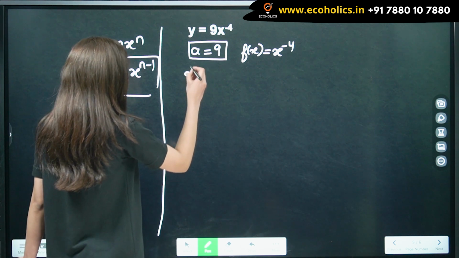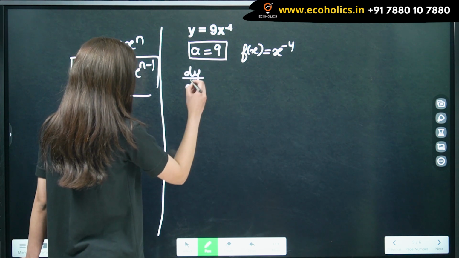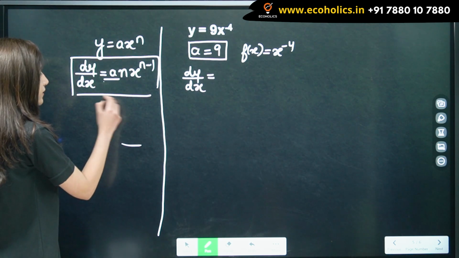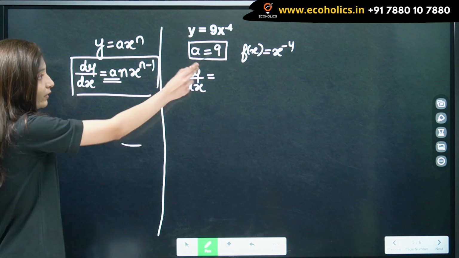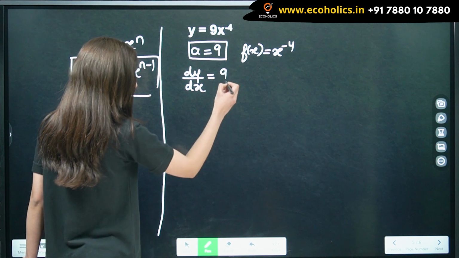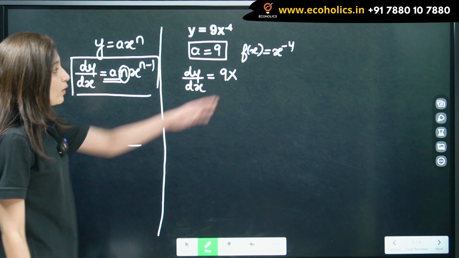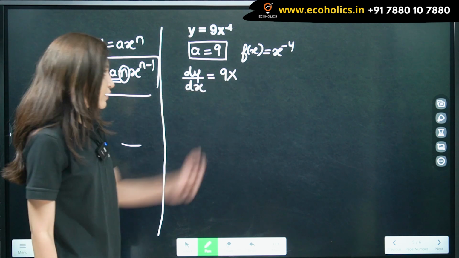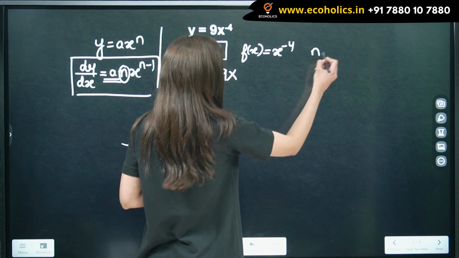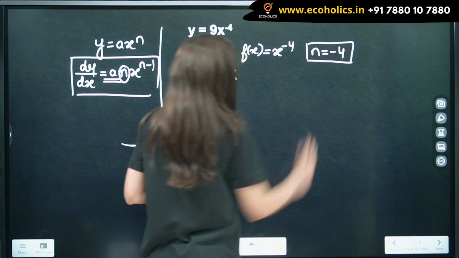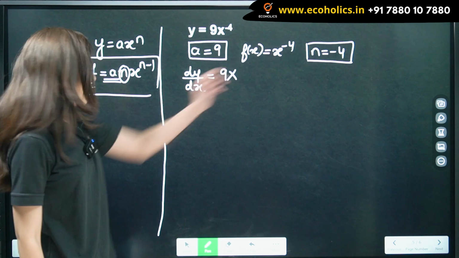So, dy by dx is equal to, now, in this case, the constant term is 9. So, 9 multiplied by n. n in this case is minus 4.